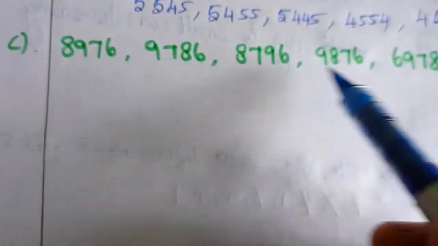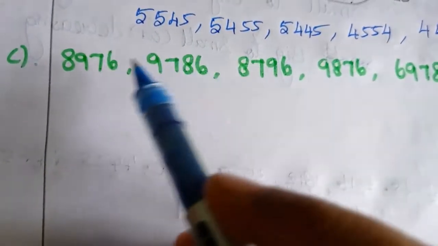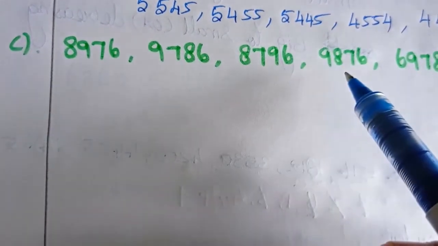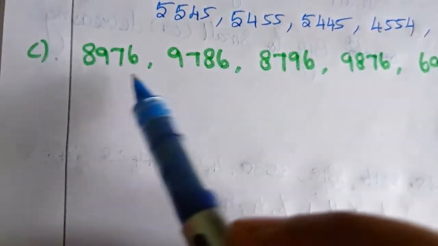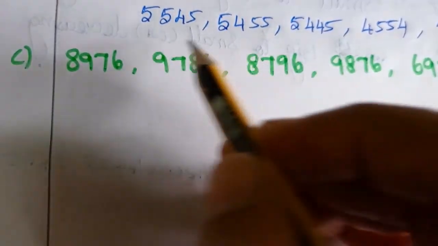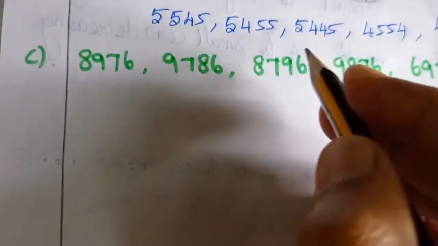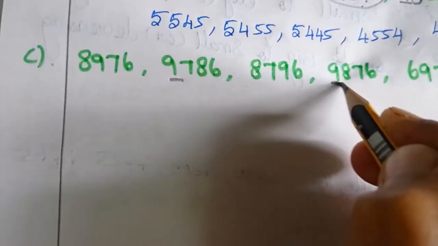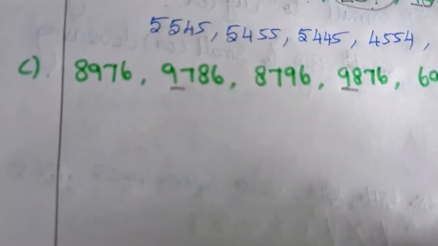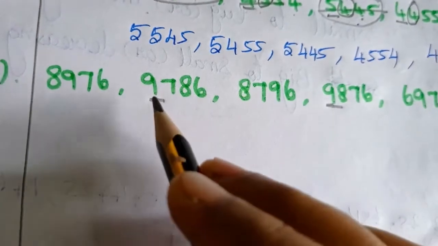Here also all the numbers have the same digit value, that is 4. So check their 1000 place values. Among these, which one is the highest 1000 place value? Yeah, 9. But there are 2 numbers starting with 9 in the 1000 place.